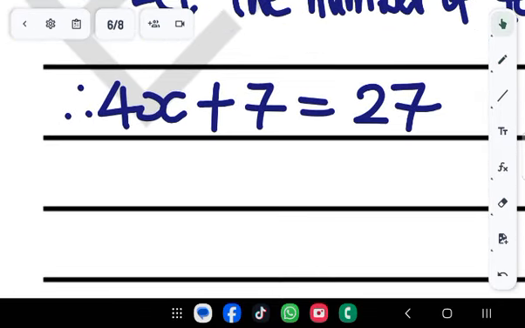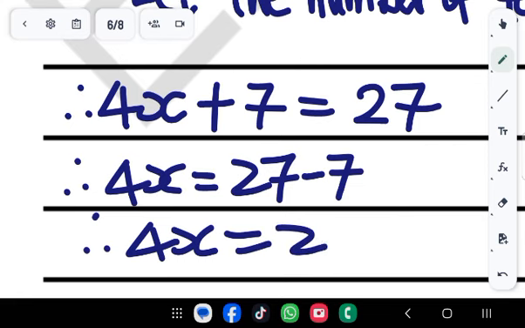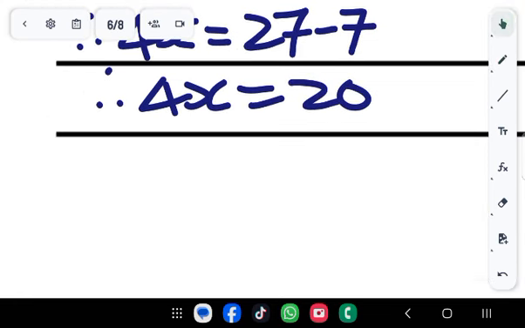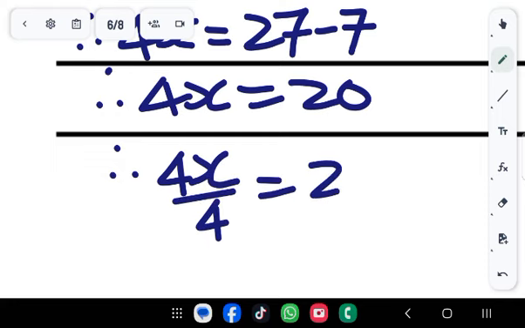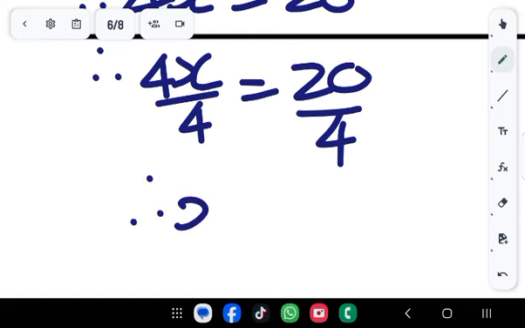Now what you do is you solve for this x. Therefore 4x equals 27 minus 7. Therefore 4x equals 20. Now you divide both sides by 4. 4x over 4 equals 20 over 4. Therefore, x equals 5, because the 4's cancel out.